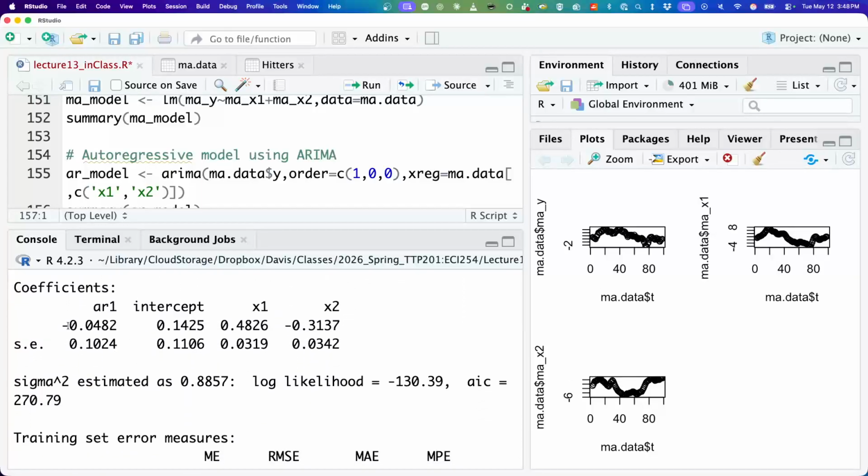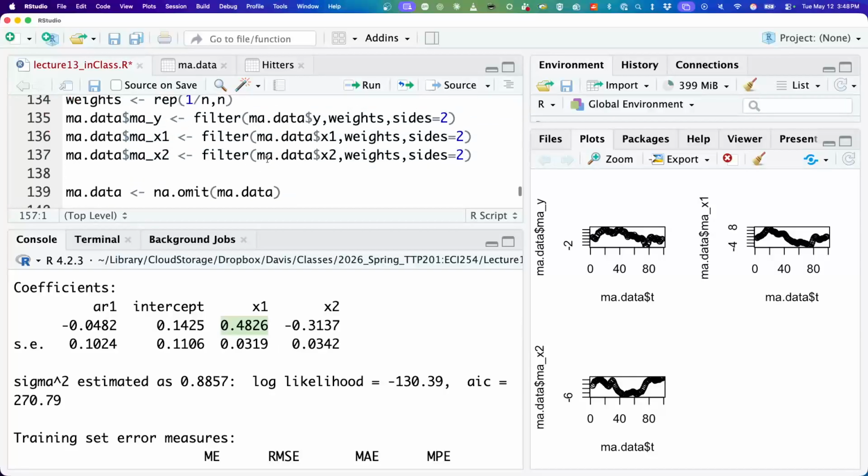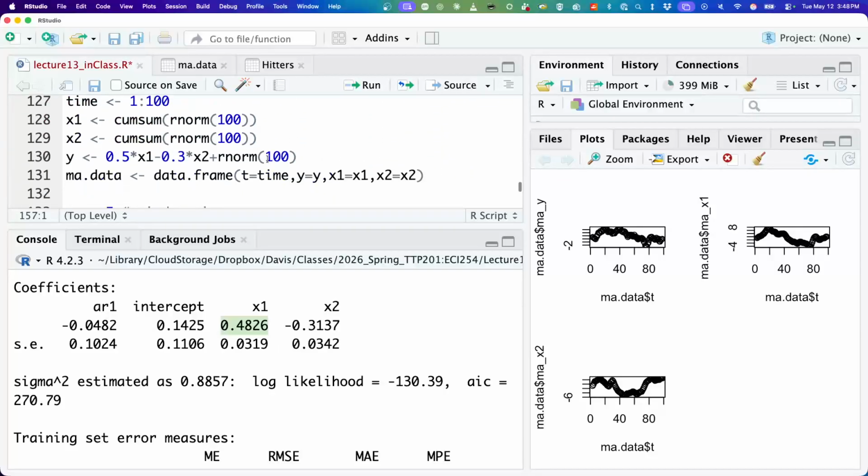Okay, and this will tell us the effect of the autoregressive piece, and then the effect of the corresponding x1 and x2, which again we'll see as being relatively close to the values that were specified within here.